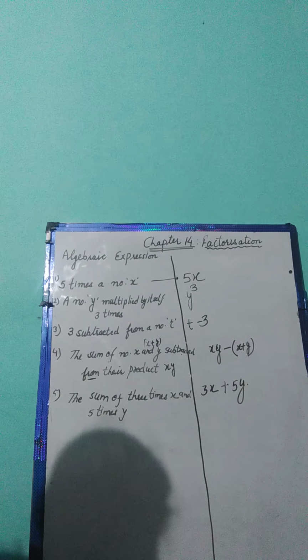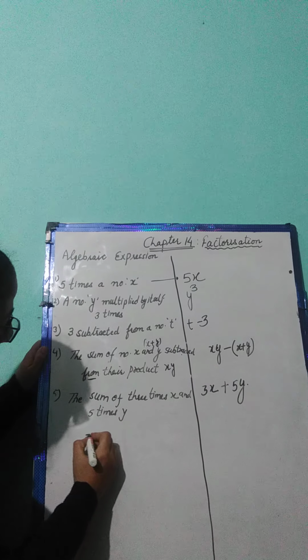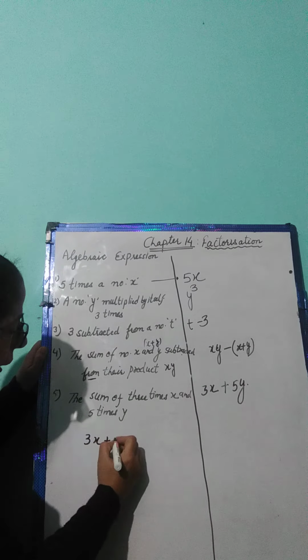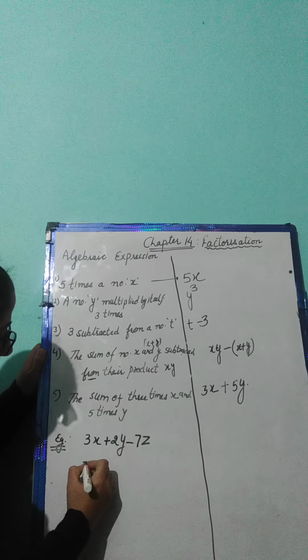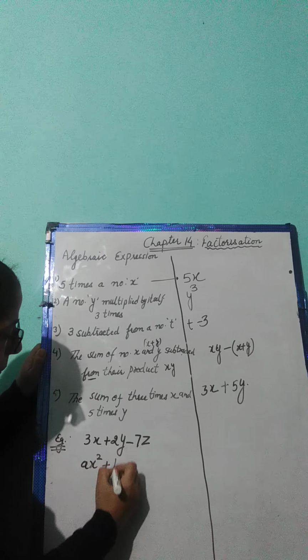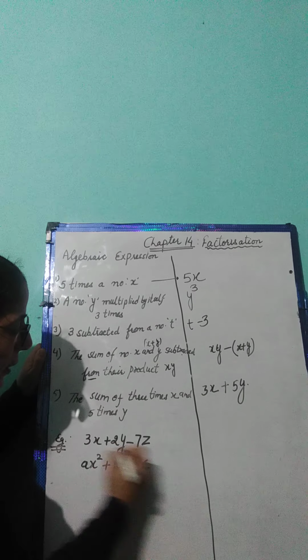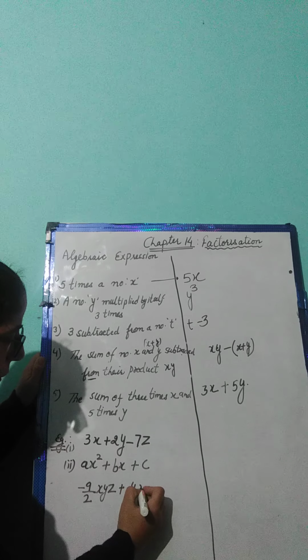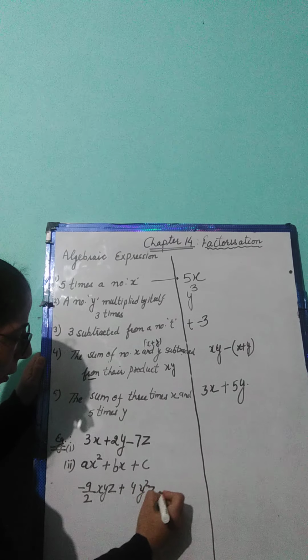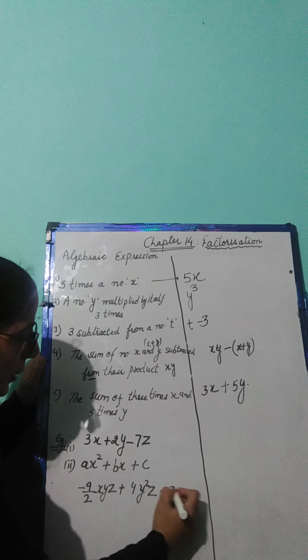Moreover, there can be some different expressions also, like 3x plus 2y minus 7z, or ax square plus bx plus c, or minus 9 by 2 xyz plus 4 y square z minus 3xz.